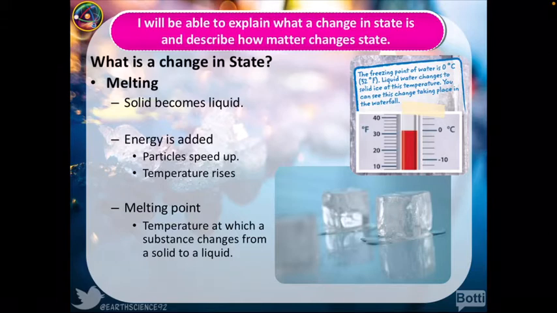The melting point is the temperature at which the substance changes into liquid state. Can you guess? Yes, the freezing point of water is 0 degrees Celsius or 32 degrees Fahrenheit. So solid ice changes to liquid water at this temperature. You can see the change of the substance that takes place in water.